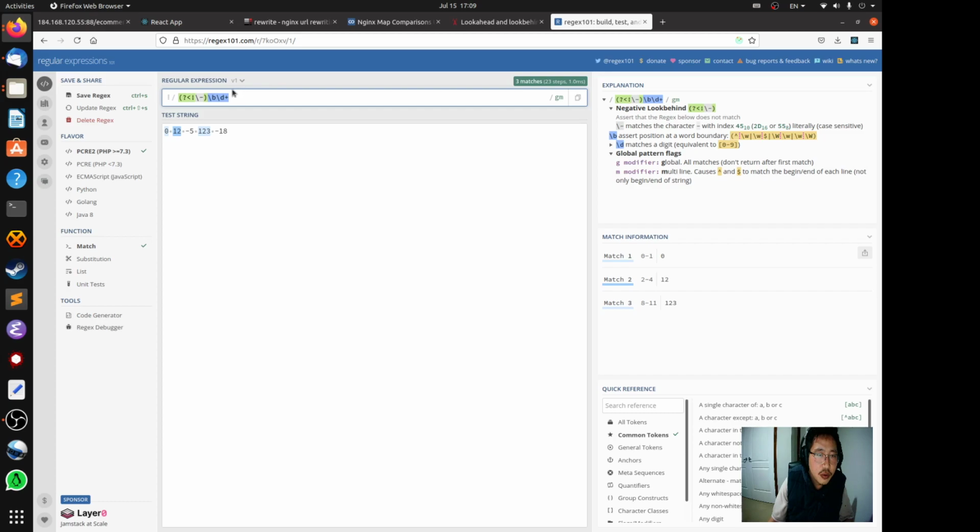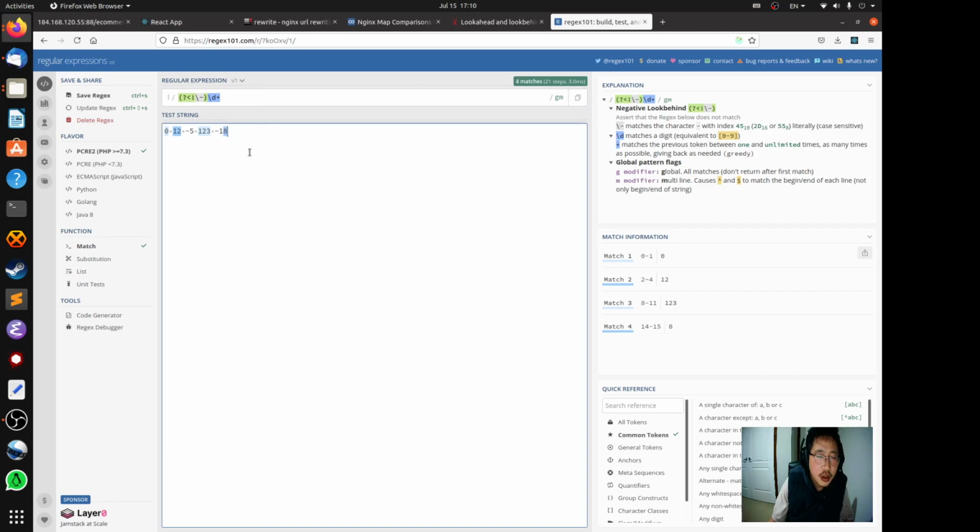It's saying you got one or more digits, and behind that there's a word boundary, and from that digit the previous character is not negative. So let me get rid of this. Let's concentrate on minus 18.